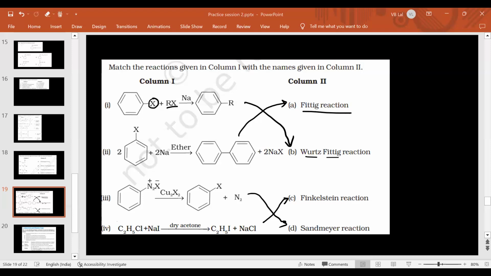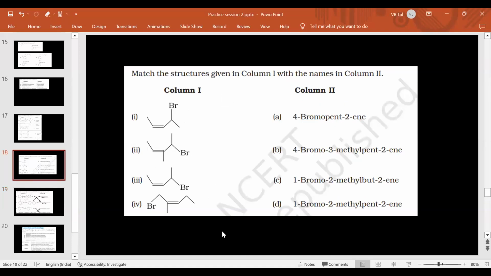Okay, now let us do one more. Okay, tell me. Ma'am, the fourth one is C. The fourth one is C. So one bromo, two methyl.